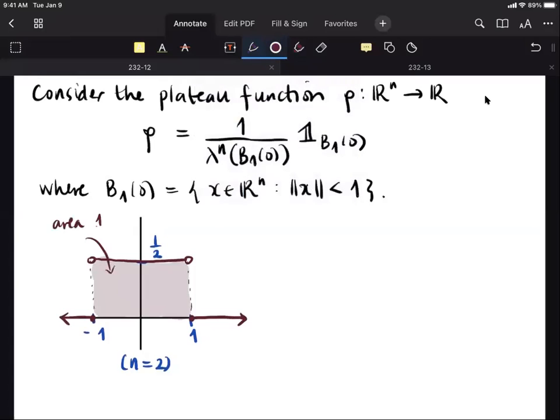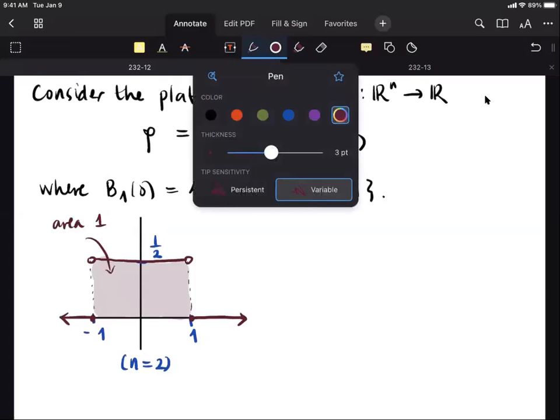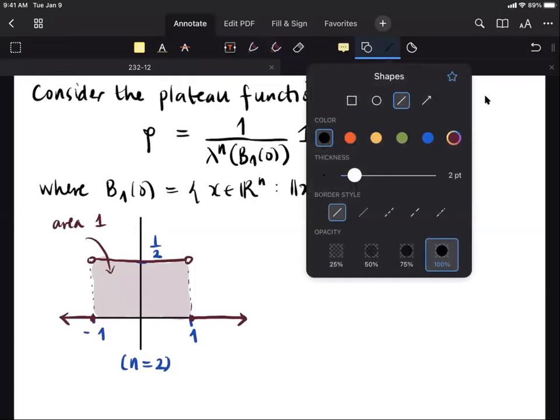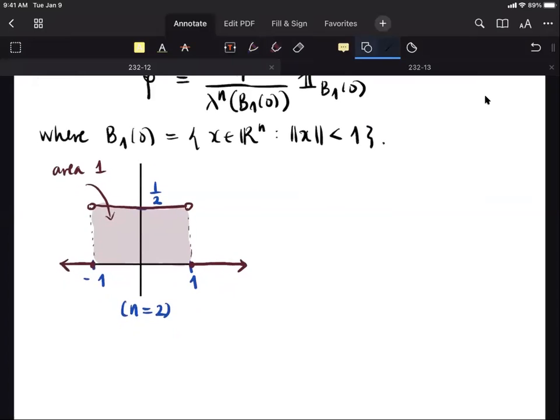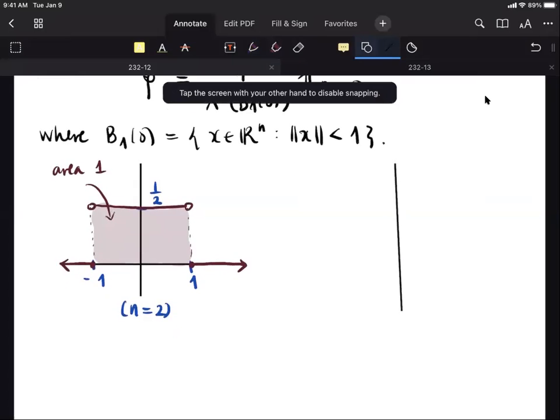You have an area 1 because the height is 1/2 and the width is 2. Okay. So what we do is to scale this and retain the integral or the area.